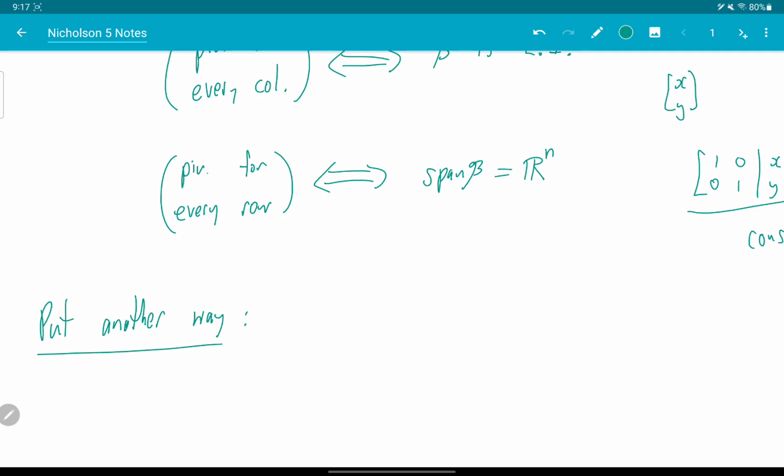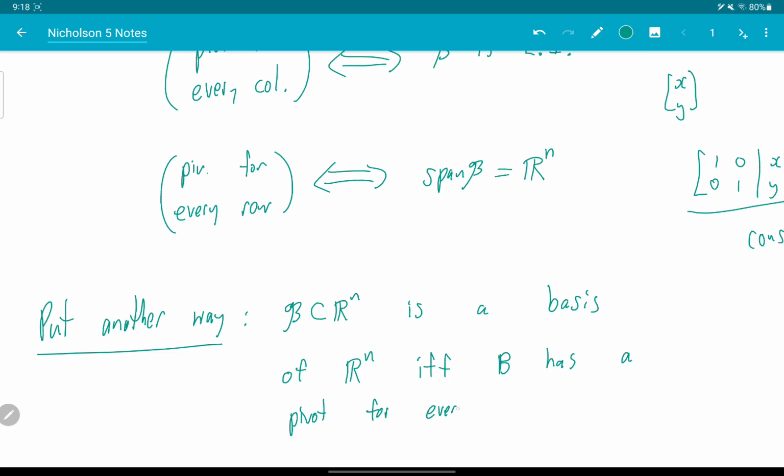So B, a subset of Rn, is a basis of Rn if and only if, double F, the corresponding matrix capital B has a pivot for every row and column.